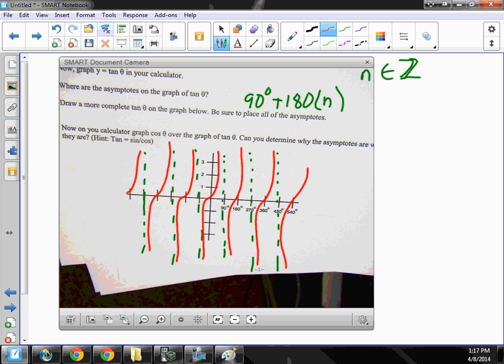So what is the period of tangent? 180 degrees. It takes 180 degrees to do a full cycle of tangent. But wait a minute. Yes. How come sine and cosine had a 360 degree period, and tangent only has a 180 degree period? Okay, I'll agree with that.